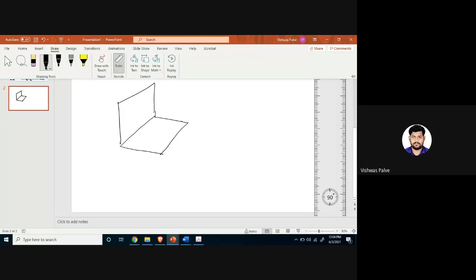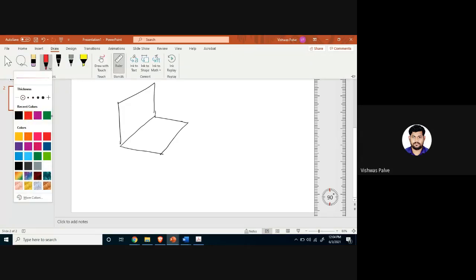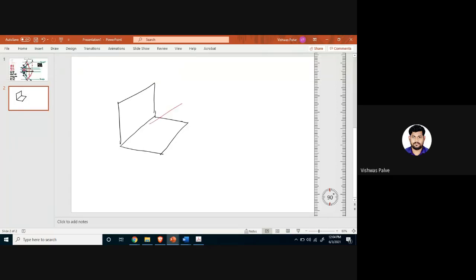Suppose I take a red color marking, this line is inclined to both reference planes. Line AB, capital letters. If I consider the projection with VP, the inclination will come there too, and if I take the projection here, it will be inclined there as well. It is a little difficult to show, but I will try. So this is the actual line.